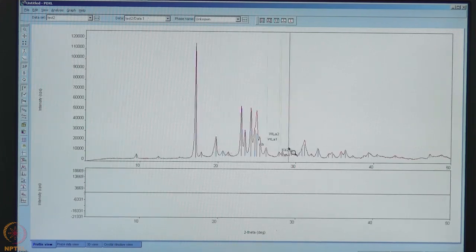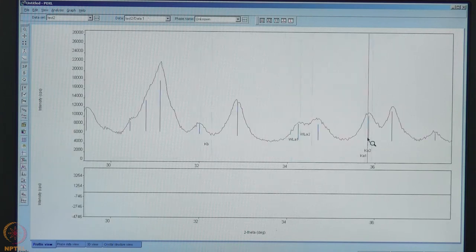This can also be seen at high angle peaks. So, the alpha 1 alpha 2 split is wider at the high angles compared to the low angles. If you look at the red line and the green line, they are well separated at higher angles like 30°.